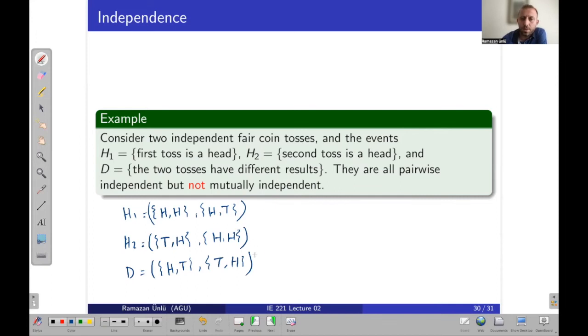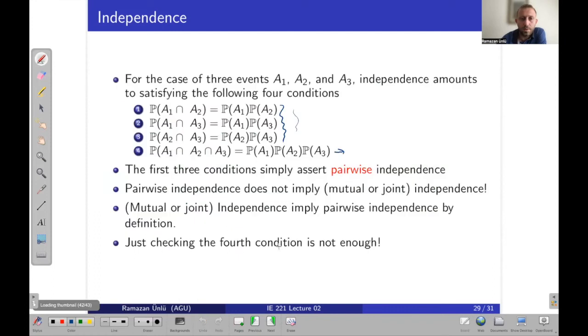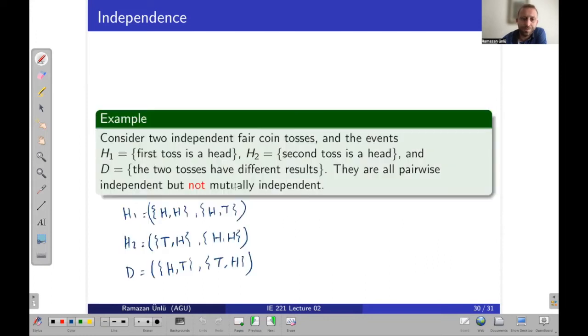You can check these events' independence by looking at these conditions. The first one: the probability of A1 intersect A2 is equal to the probability of A1 times the probability of A2. What's my omega first?